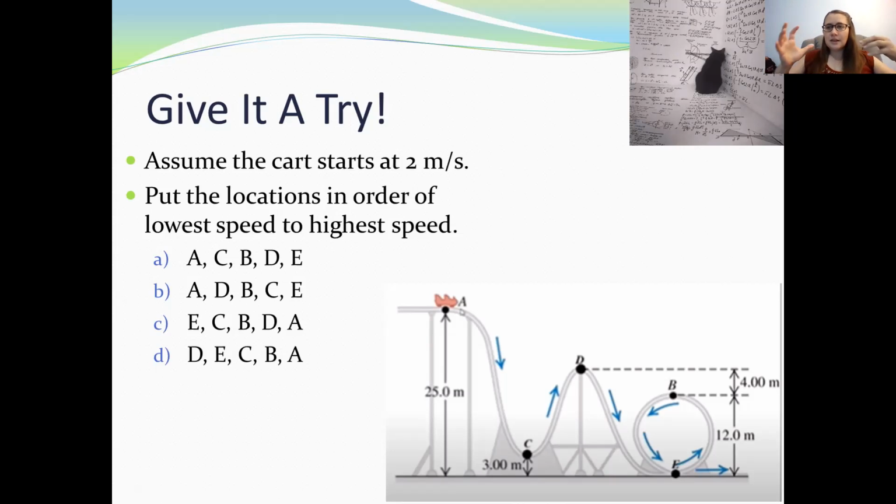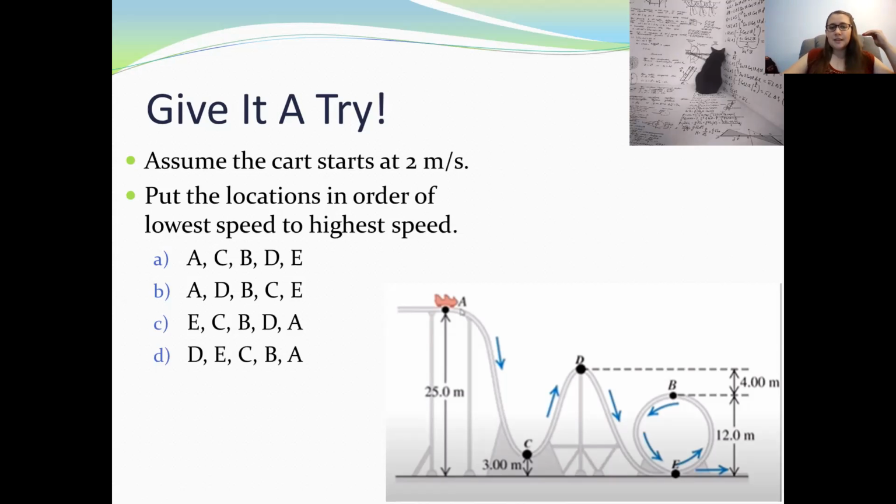So, really, we can think about this not in terms of where is it moving the fastest, but where is it the highest? Sometimes that is easier to analyze in a scenario. So if we think about where it has the highest potential to the lowest potential energy, then we are also answering the question of where it has the lowest kinetic energy to the highest kinetic energy.